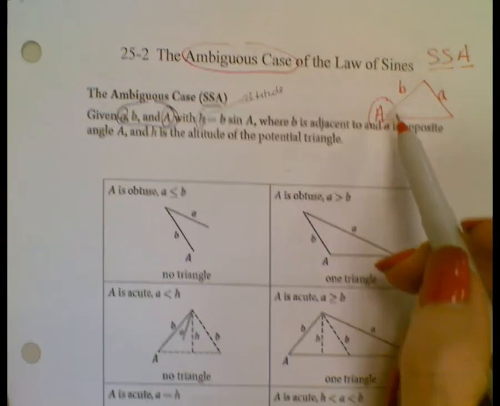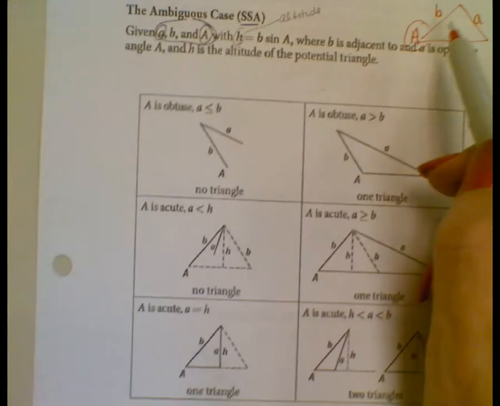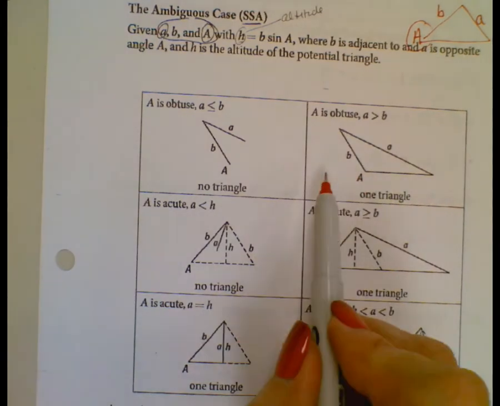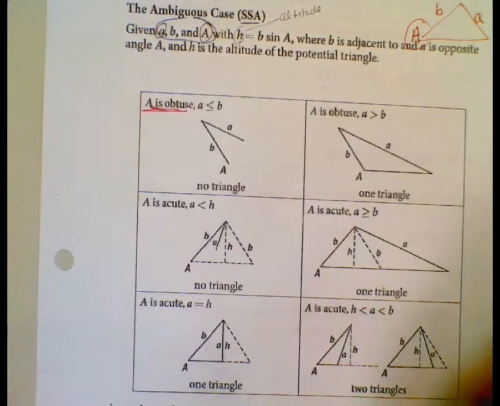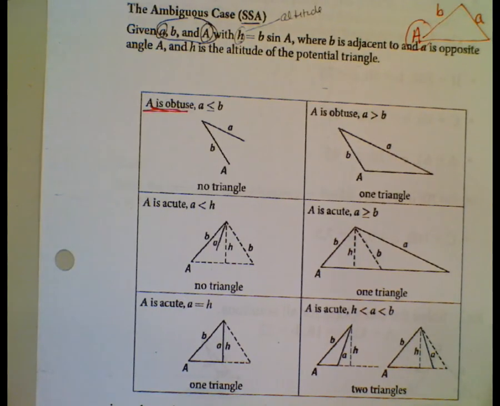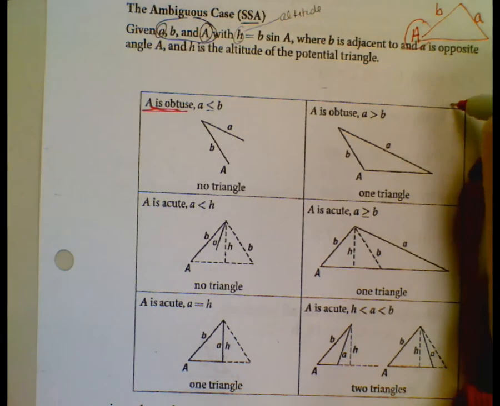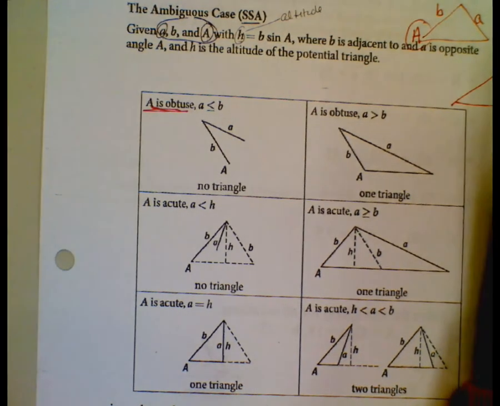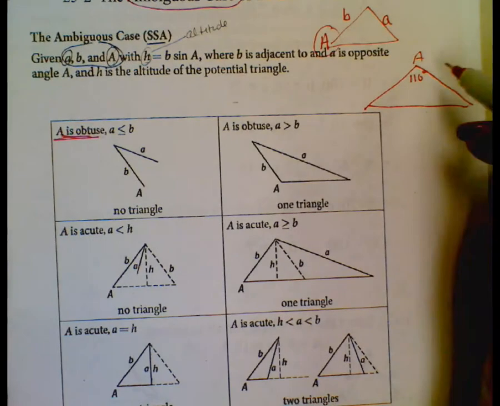Now, if this is an obtuse angle, it's case 1 and 2. If A is obtuse right here, you should remember from geometry that if A is a big angle, so let's make it look like this. If A is the obtuse angle, we'll say this is 110 degrees.